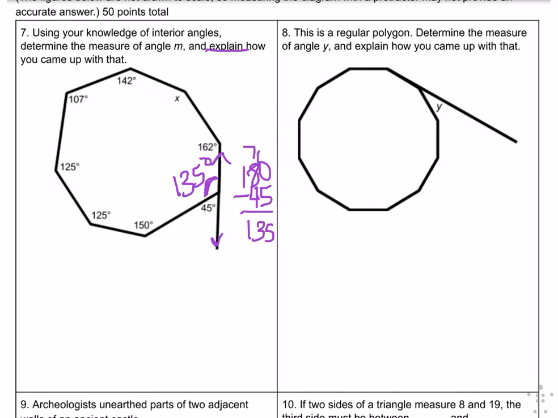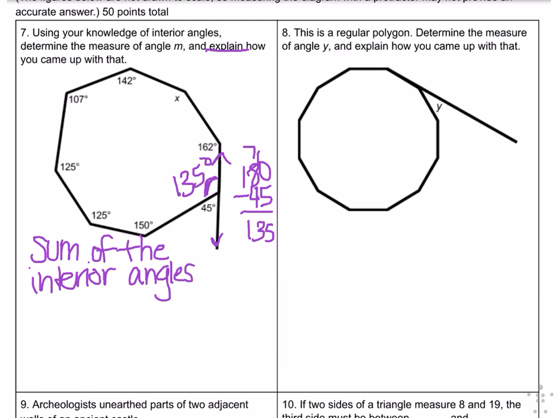Okay, now what I would do is I would have to figure out the total angles inside of this polygon. So I want to figure out what's the sum of the interior angles. So the sum of the interior angles can be found by, there's two ways.